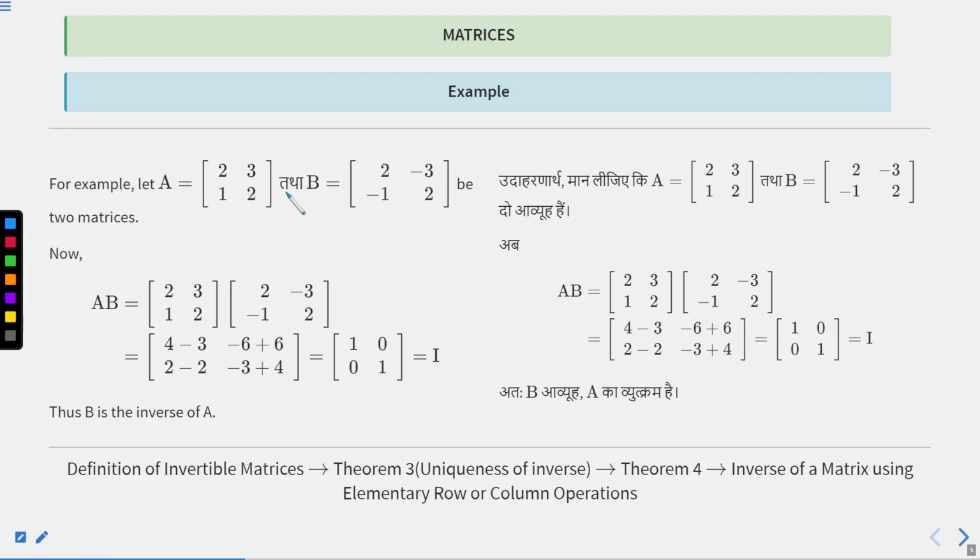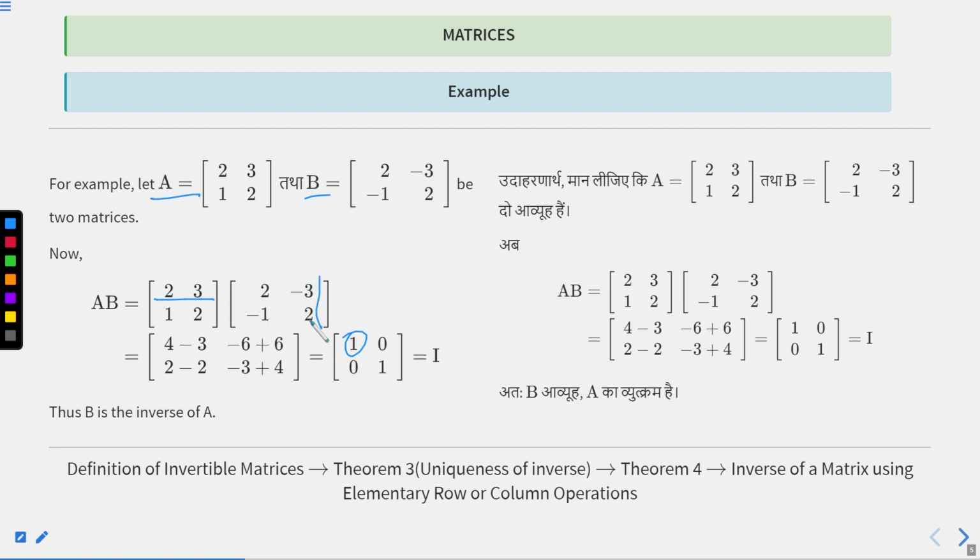So here is another example. Matrix A is given as 2 3 1 2. Matrix B is given as 2 minus 3 minus 1 2. Now just multiply AB. How do you multiply? To get the first row, first column element, this will be 2 multiplied by 2 is 4, and 3 multiplied by minus 1 is minus 3, so this will be 1.